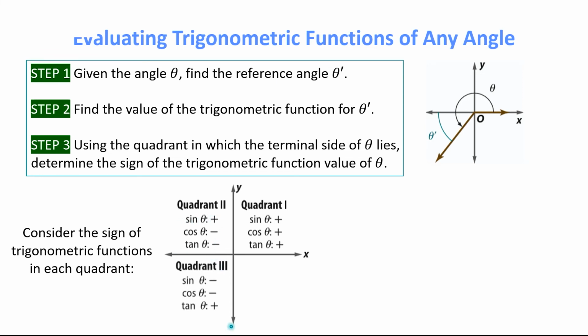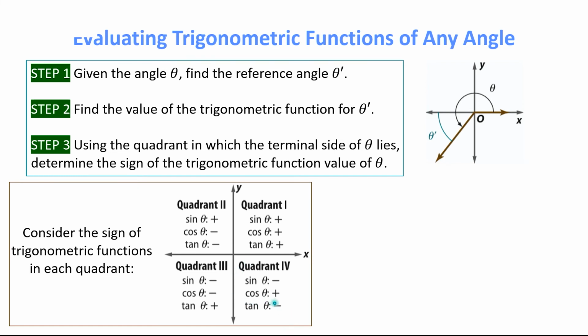In quadrant 3, where theta is between 180 and 270 degrees, only the tangent is positive, and the sine and the cosine are negative. Whereas in quadrant 4, we see that cosine is positive, and the sine and tangent functions are negative. And of course, quadrant 4 is when theta is between 270 degrees and 360 degrees. So when we do the example, you will see how we can use this diagram to find trigonometric function values.